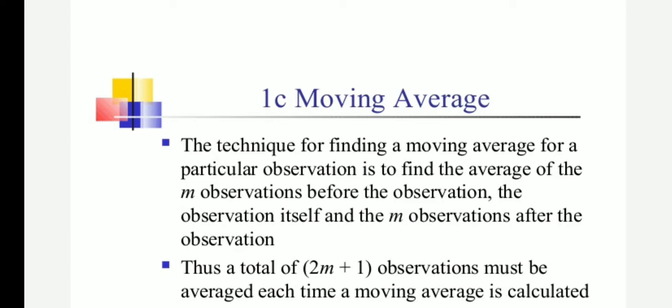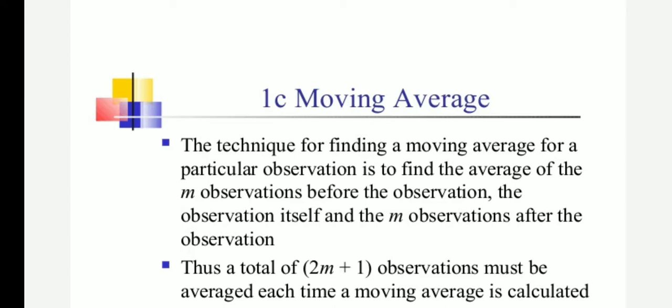Suppose 3-year moving average: the second value is the middle value, so take the first three values and divide by 3. That is the moving average. You have to write that in the second line. Let us see it in particular.